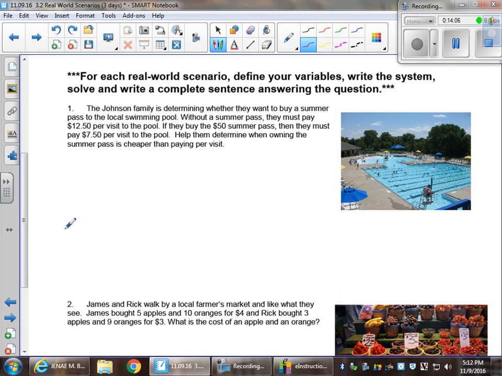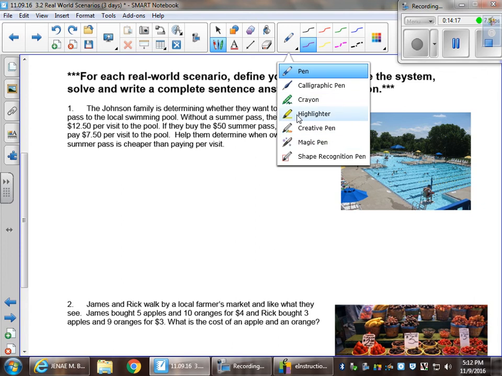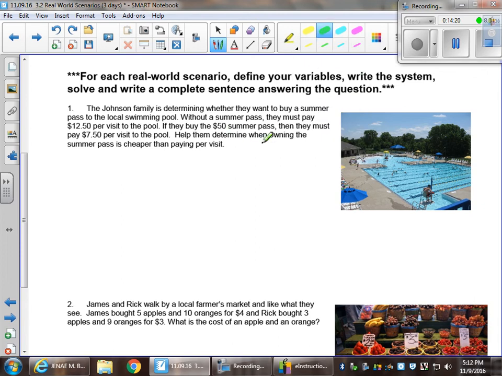Without a summer pass, they must pay $12.50 per visit to the pool. If they buy the $50 summer pass, then they must pay $7.50 per visit to the pool. Help them determine when owning the summer pass is cheaper than paying per visit.